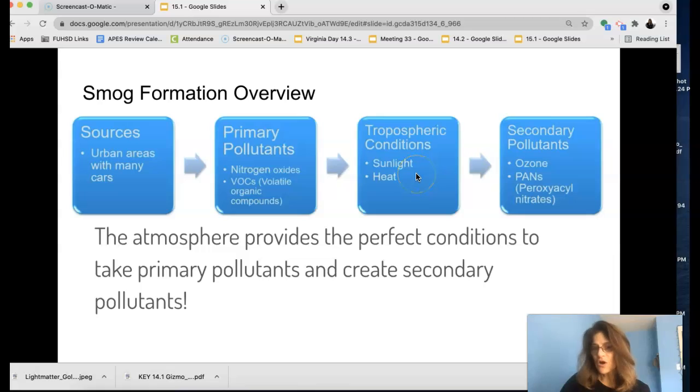When the conditions are such that there's a lot of sunlight and warm temperatures, like you get in LA and Mexico City a lot, they will undergo a chemical reaction and form ground level ozone and another ingredient of smog called PANs, which is an abbreviation, but you just need to know it as PANs.